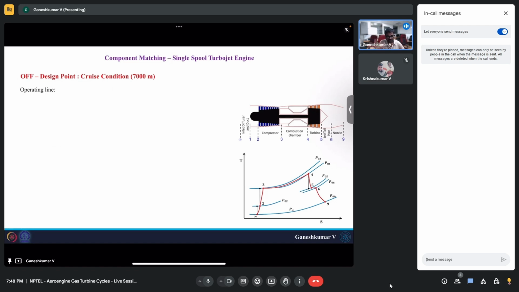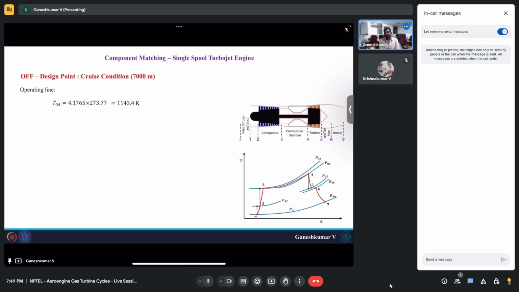Now let's find the operating conditions to get this off design point. The first thing is T04. The T04 is coming out to be around 1143 Kelvin. This is nothing but what we already found, T04 by T02, which is 4.71 something, that I multiplied with 273.77, which is T02.